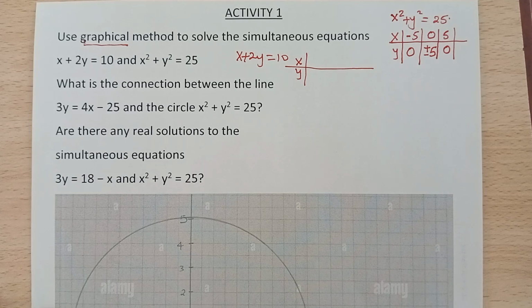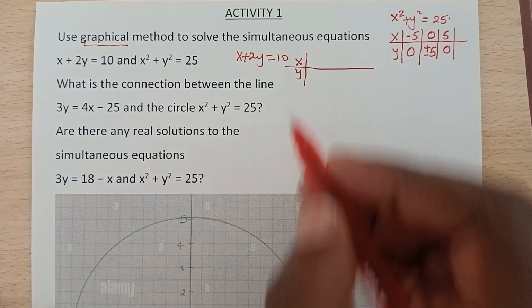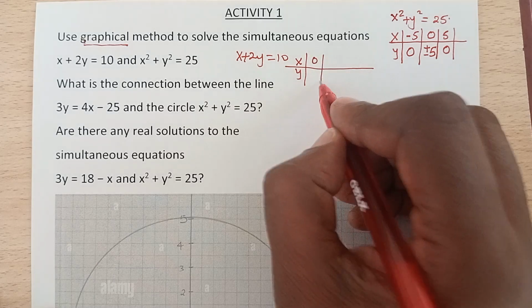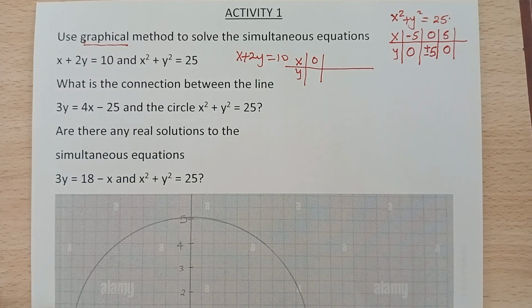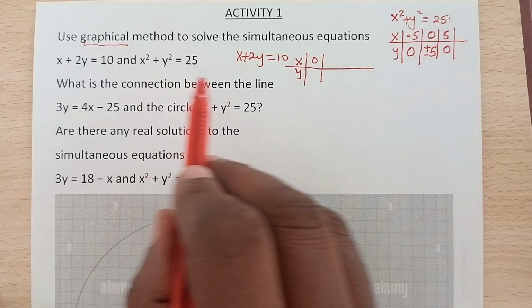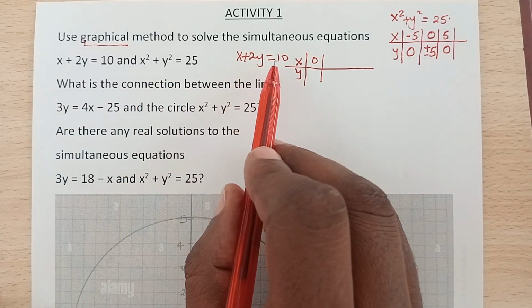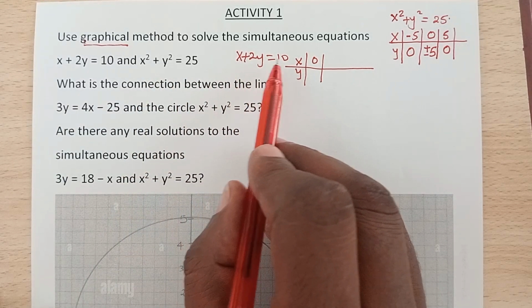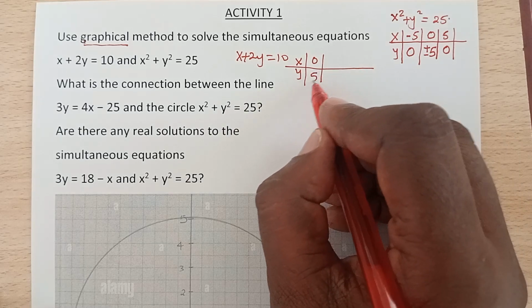It is a straight line, so we don't need many points. When x is 0, 2y is 10, and y is 10 divided by 2, which is 5.